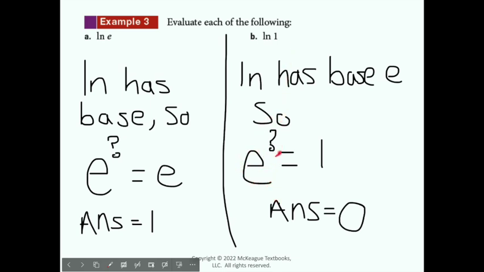I'm looking for the exponent that gives me the answer 1. The only number that will do that is 0. When I raise a constant to a 0, it gives me 1. So this holds true if you're taking the log, no matter what the base is, of 1. So the log base 7 of 1, the log base 100 of 1. Whenever you see the log of 1, you know that's going to be 0.